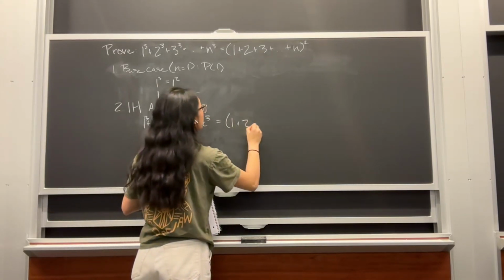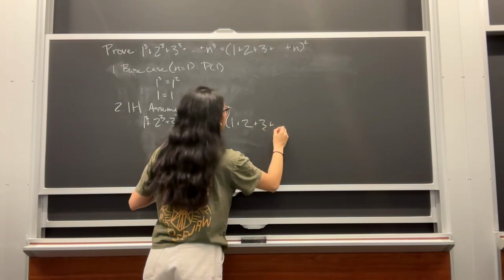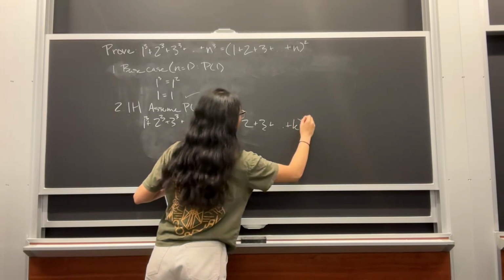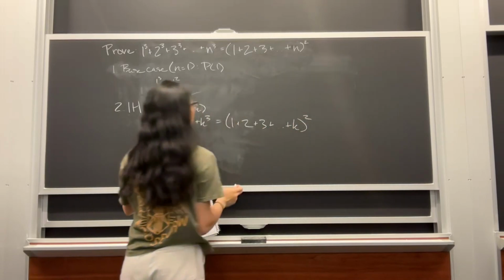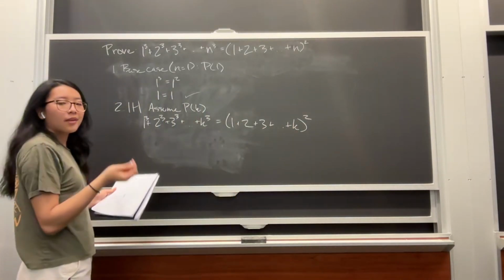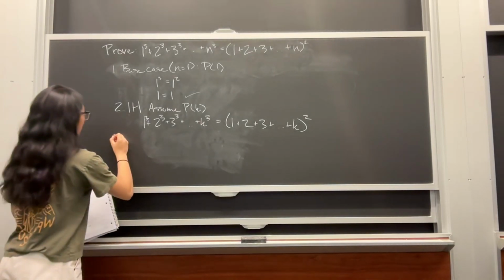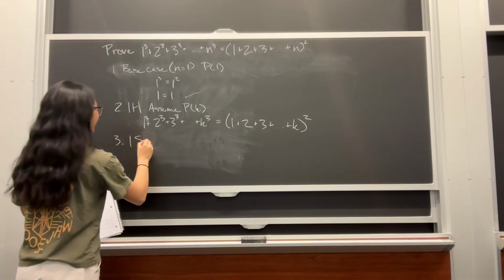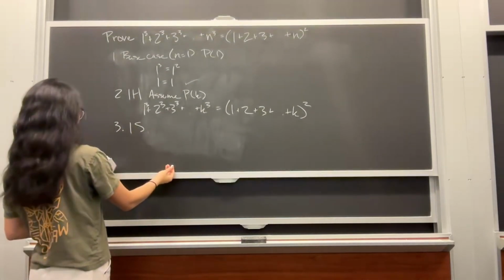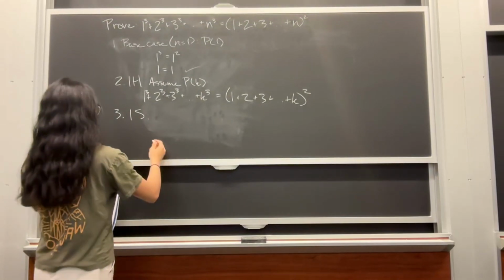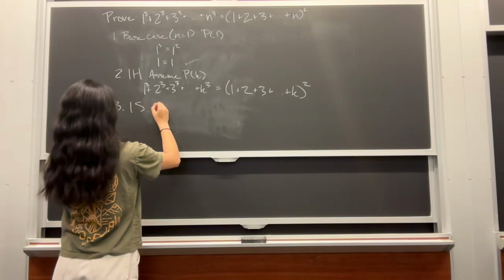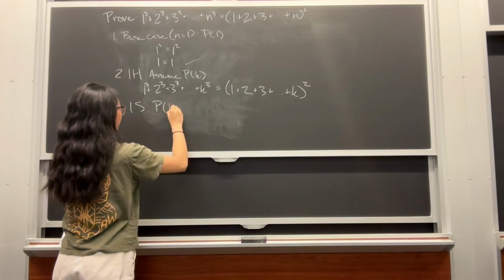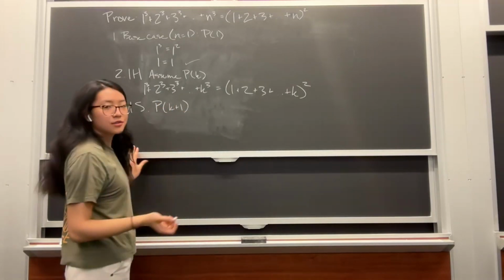So 1 plus 2 plus 3 plus all the way to k, that whole value squared. Assume that's true. And then our third step is the inductive step, where we are going to show that P(k+1) is true.